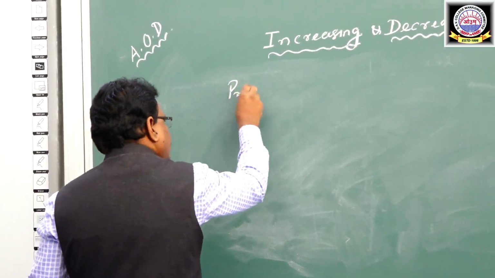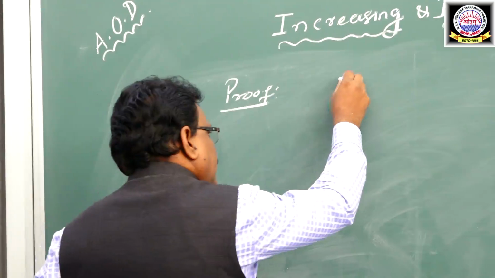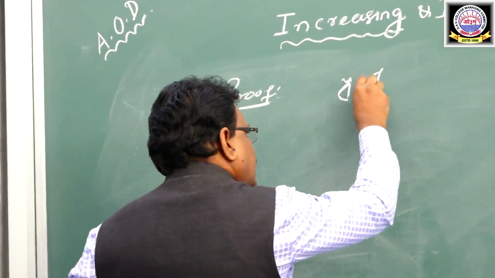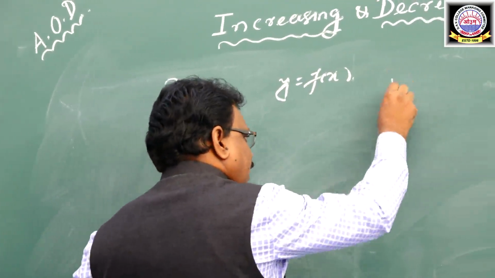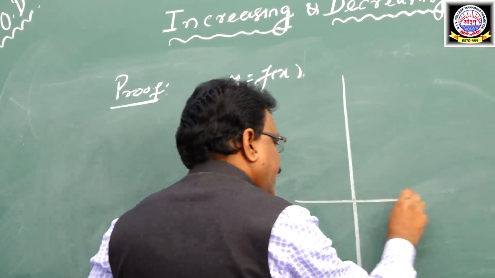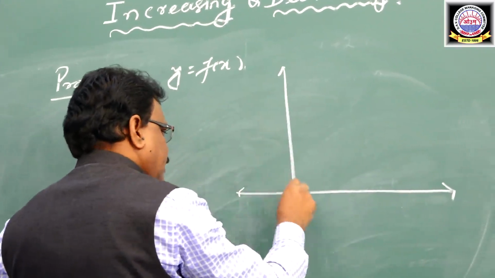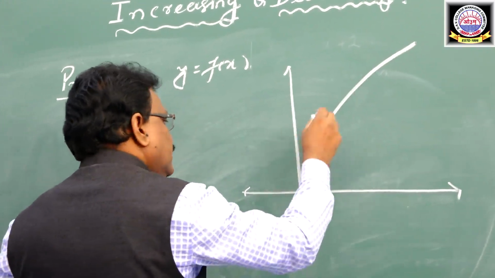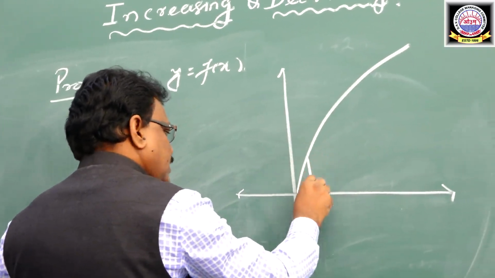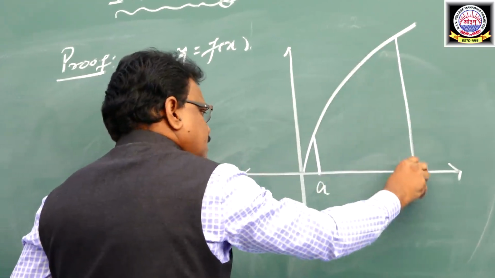Write down proof. Again, the function y is equal to f of x, let the graph of the function, and I am showing an increasing function, say this is the function, and I am choosing an interval, say a, and it is b.